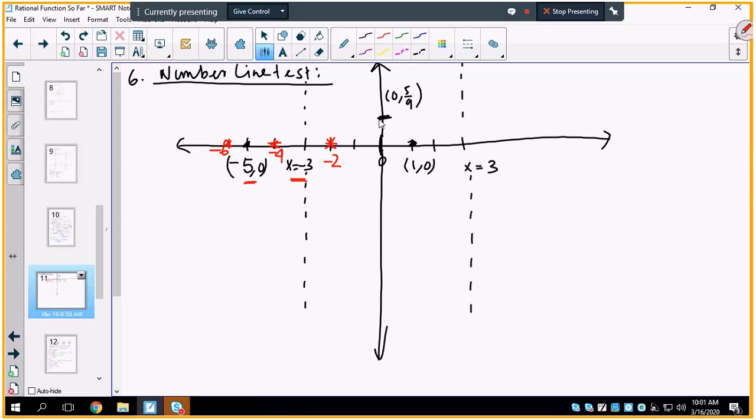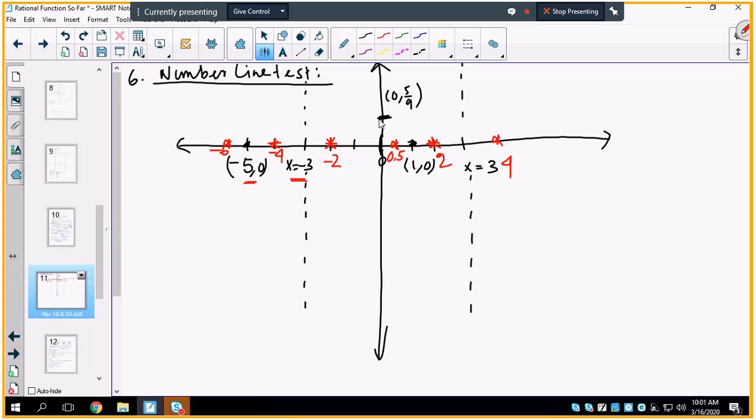Then 1 on the left hand side of +1, so let's call it 0.5. You want to be very close to 1. And then take between 1 and 3, so let's take 2 as a testing point. But again, 2 is on the right of 1 and left of 3. So that will work for both of these. And I need 1 more on the right of 3, so let's call it 4.